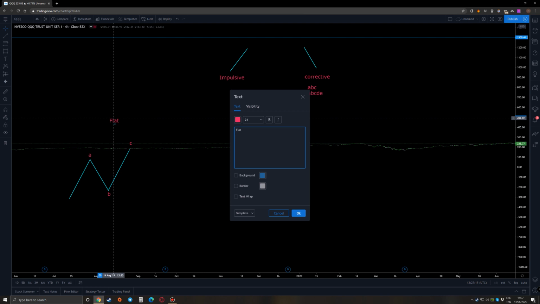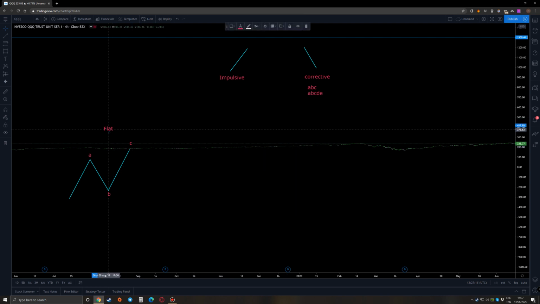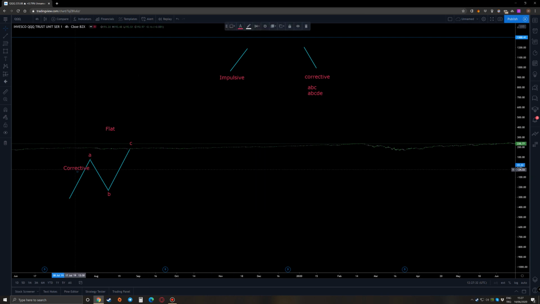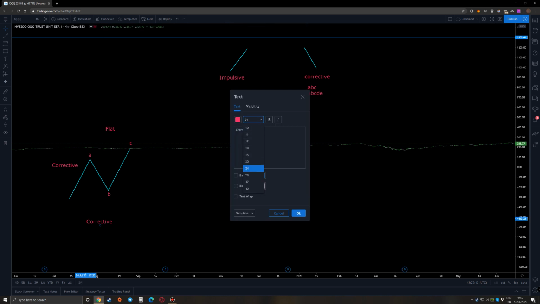Now, what makes this flat special? In a flat, wave A is a corrective wave. What does this mean? It means that if I am trading this wave A in one lower degree, which in this example will be on something like this color, it has to be ABC as well.